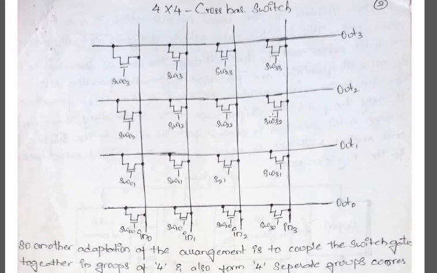So to avoid that, we are adopting an improvement. The arrangement is to couple the switch gates together in groups of 4 and also 4 separate groups, which will correspond to the shifts that are required.